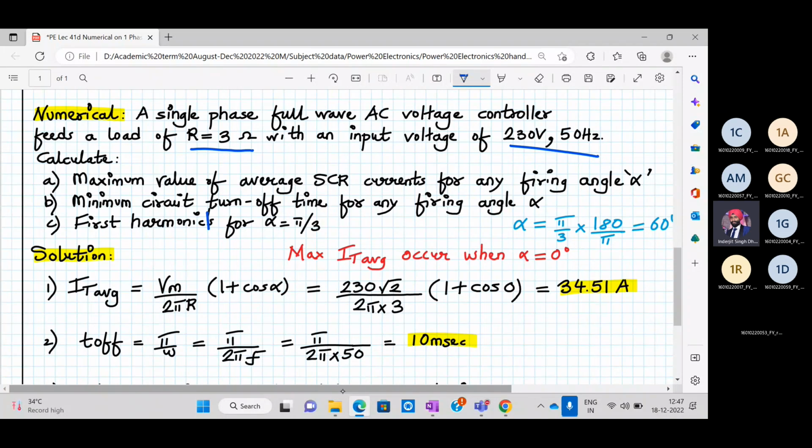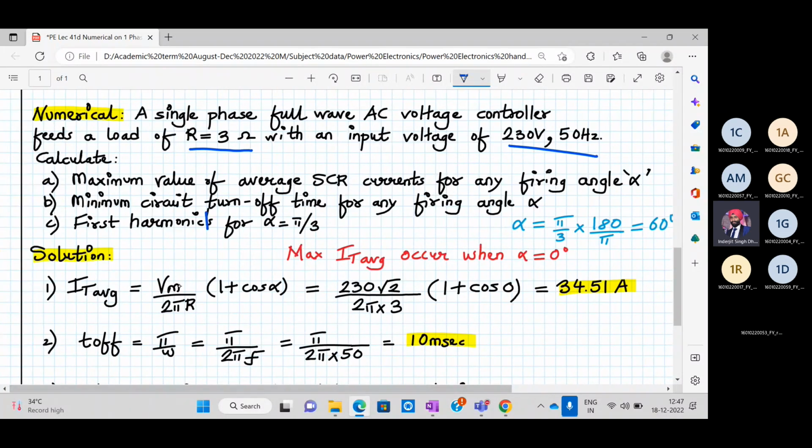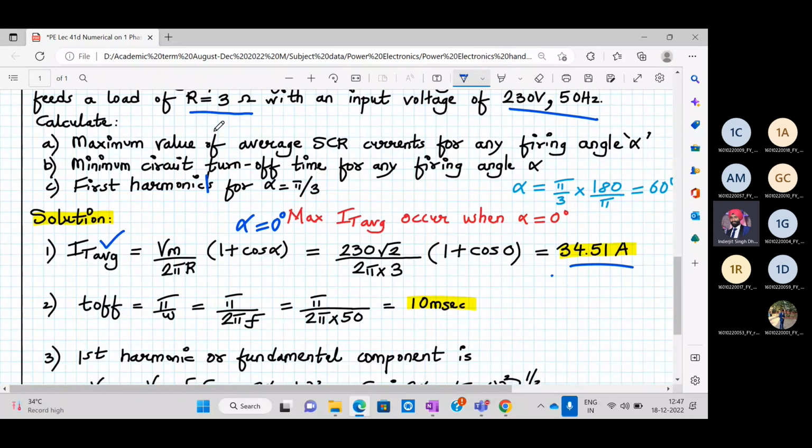So remember one thing, the formula for the average SCR current will be Vm upon 2 pi R into 1 plus cos alpha. And here the maximum value of average SCR current will be occurring at alpha equal to 0. So calculate this at alpha equal to 0, you will get 34.51 amperes. All right. Then turn-off time is given by the formula pi upon omega. It's independent of alpha. So pi upon 2 pi f. F is around 50. So it's 1 upon 100. So it's around 10 milliseconds.